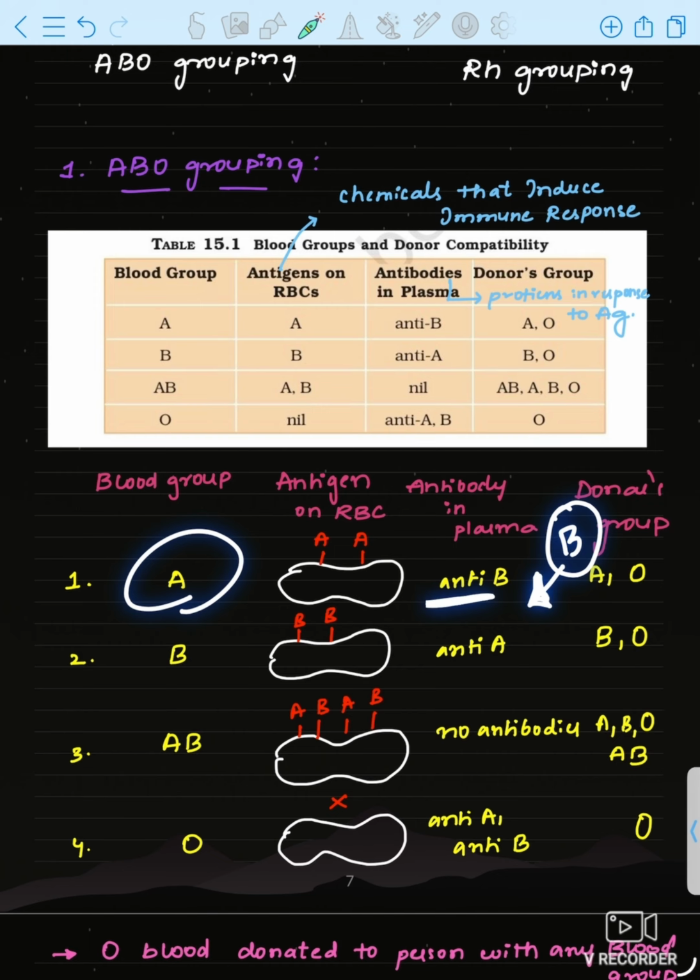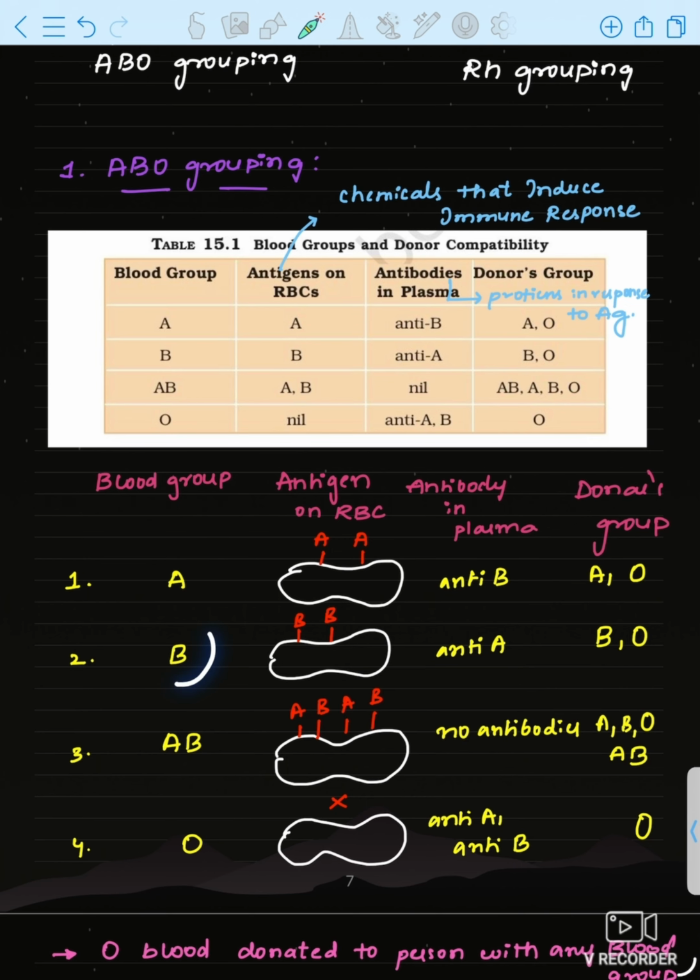Here anti-B antibodies are there, and the B blood group person has B antigens. So this antigen and antibody reaction will occur, the red blood cells will die, and it will cause complications, okay. You understand? In the same way here also.